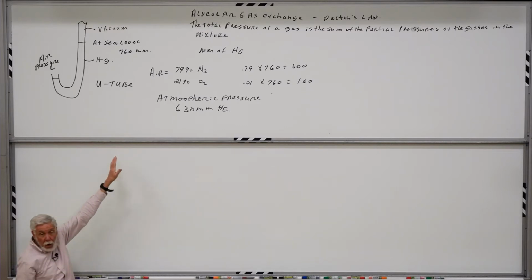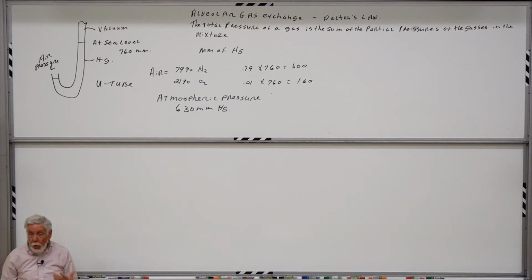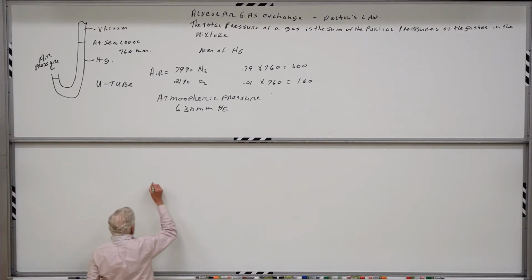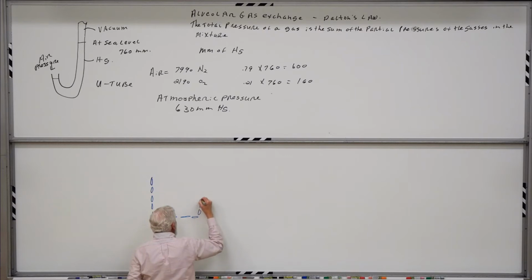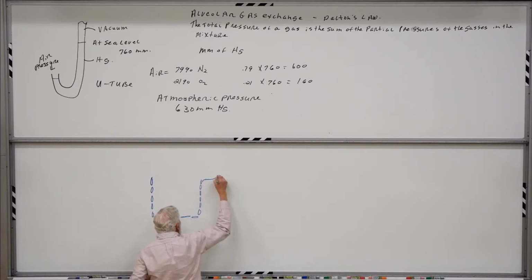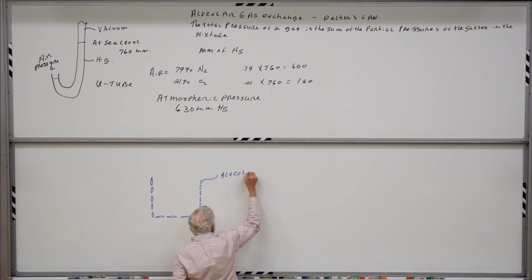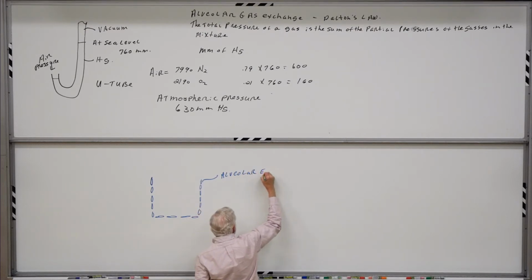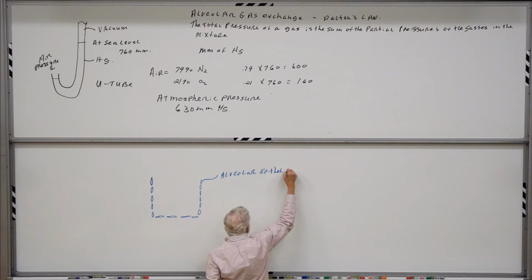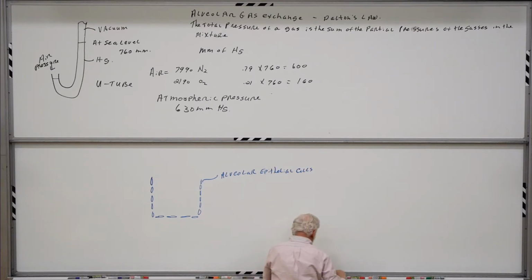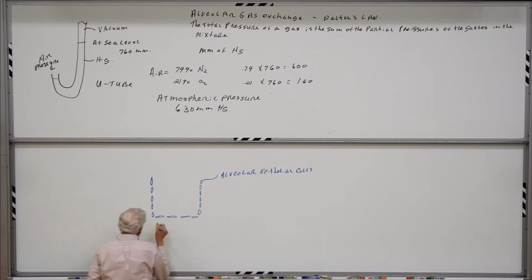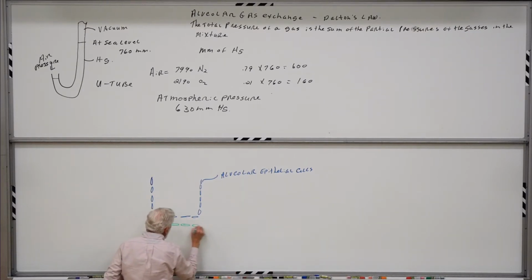Because this is true for the air around us, but that doesn't tell us the whole story of gas exchange in the alveolar space. And you remember from what we've talked about the last couple of days, the business end of the respiratory tract is down here, where the alveolar epithelial cells meet the underlying endothelial cells of the pulmonary capillaries.